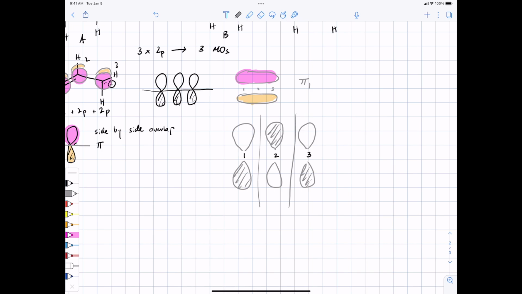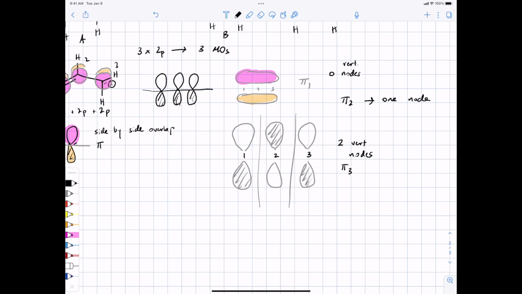That's pretty straightforward, right? That's just the maximum number of nodes. Our pi 1 has 0 vertical nodes. This orbital here has 2 vertical nodes. So we're going to call this pi 3, and that gives you a hint that there's something in the middle, pi 2, that has only 1 node.